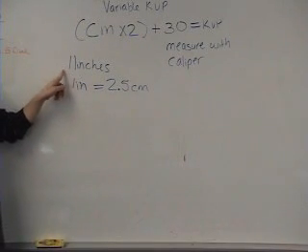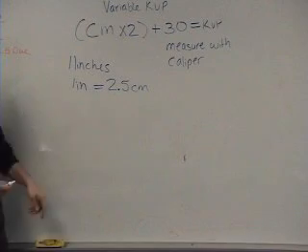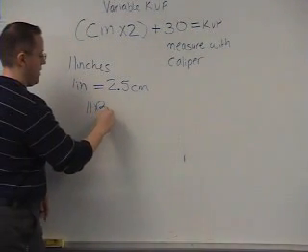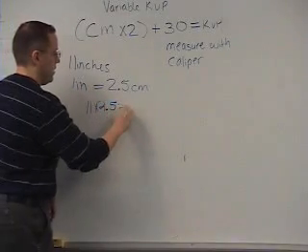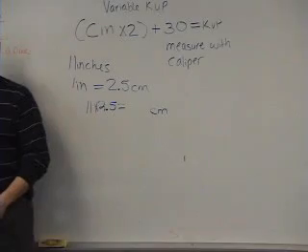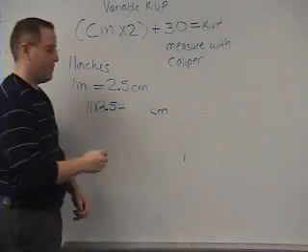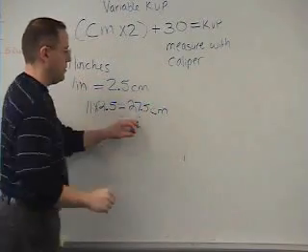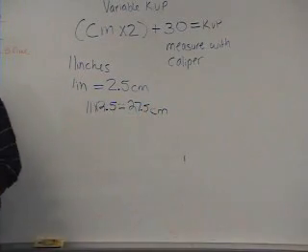So the first thing you're going to do is change the inches to centimeters. So you take 11 inches times 2.5. And that equals how many centimeters? 27.5? Okay, 27.5 centimeters. Now you have the centimeters.